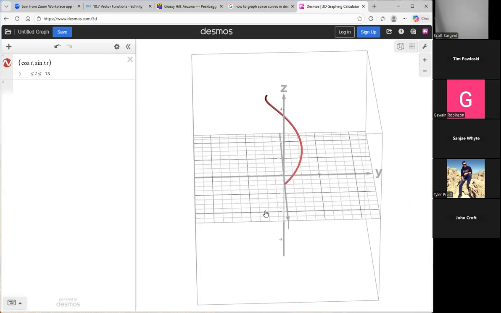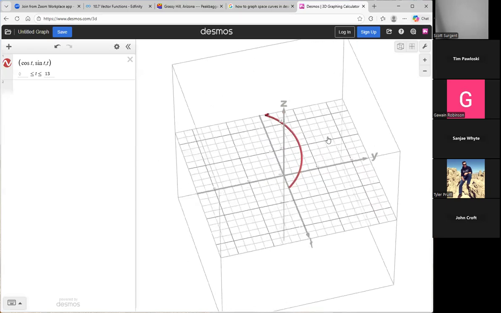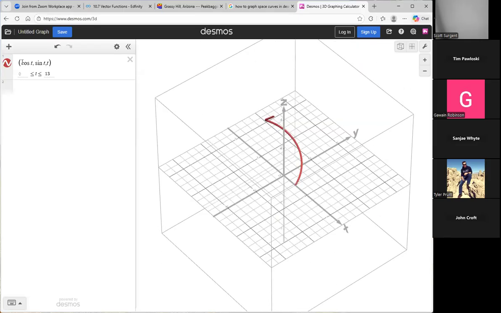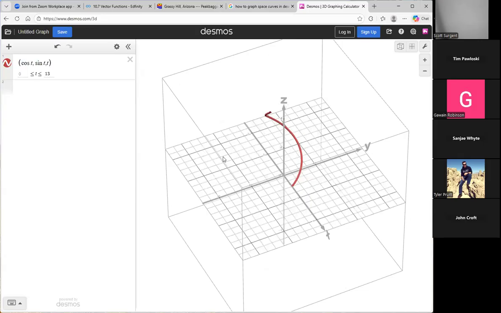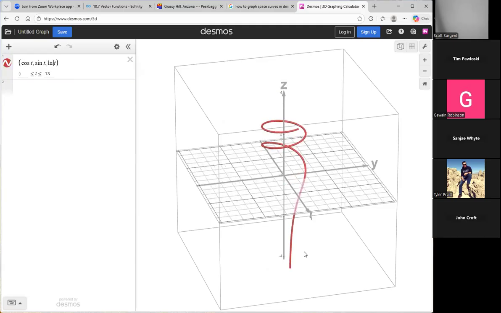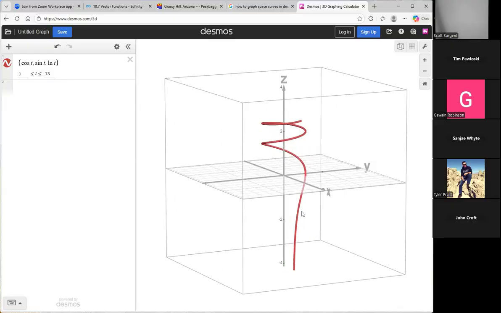So on that problem, go to Desmos 3D and type in the problem in this manner, then play around with the bounds and see if you can generate the graphs. If I do ln(t), for example, you can see that it starts to crunch up there.